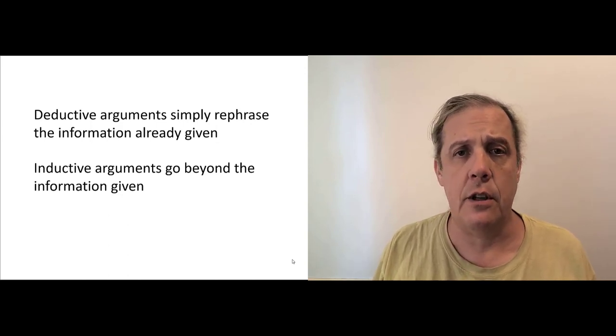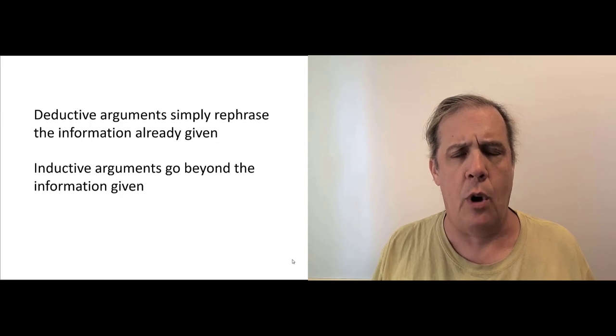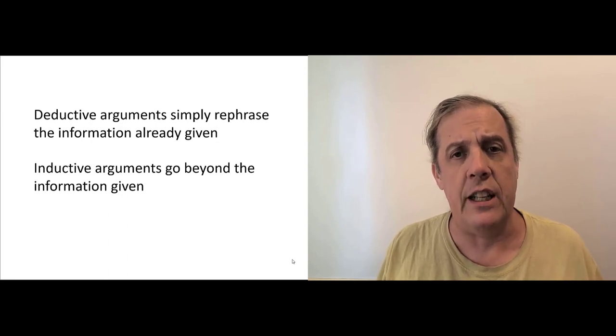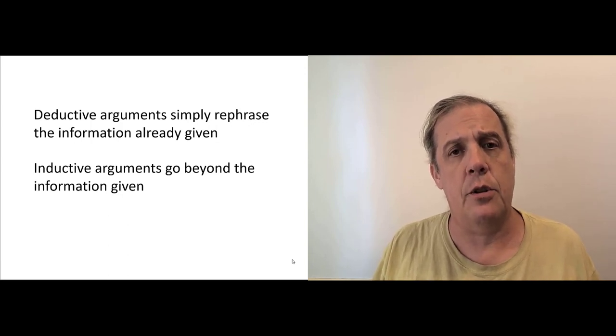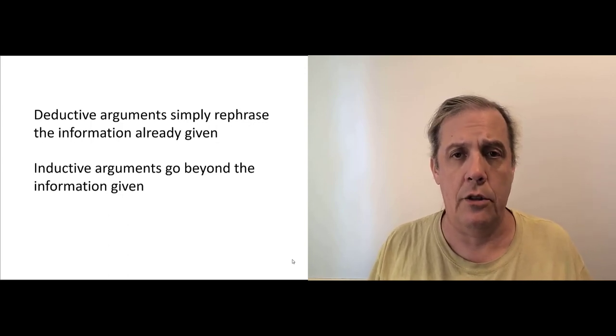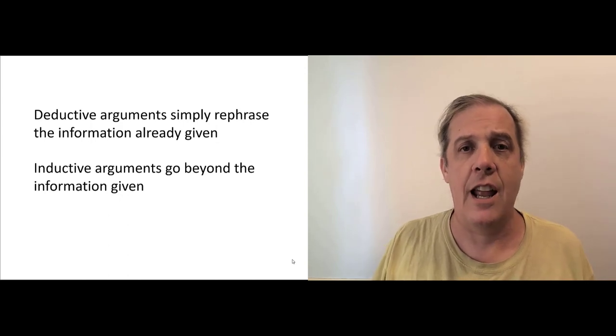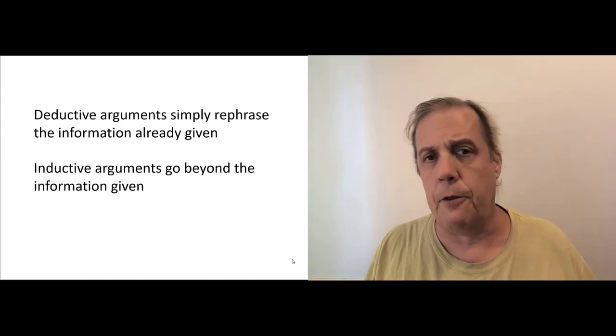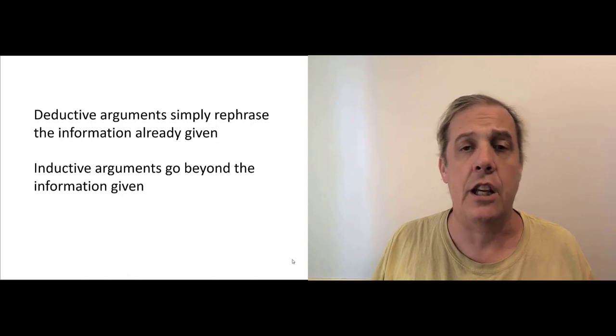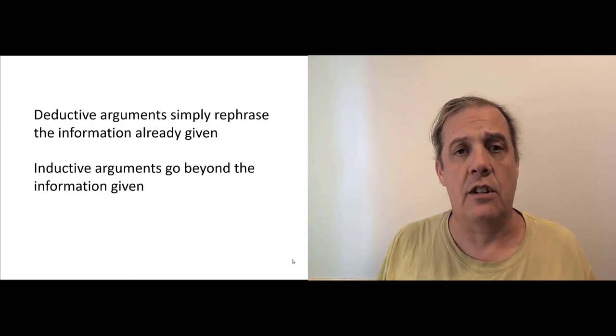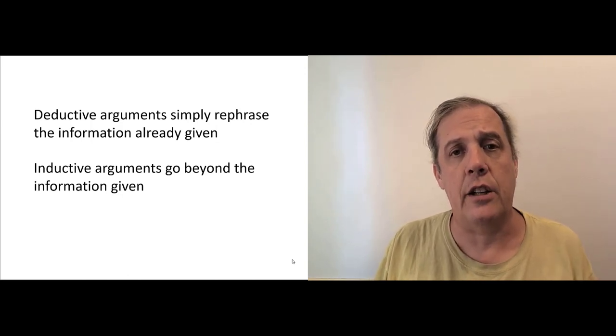And this is easiest if you think about one of the classic examples of an inductive argument, which is a generalization. So suppose you know a couple of dogs, and your dog and your friend's dog both like cheese. You make a generalization: all dogs like cheese.